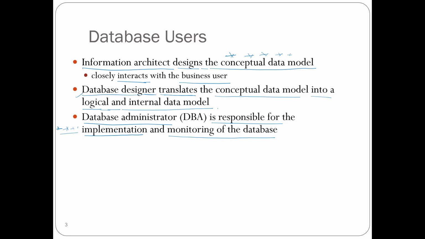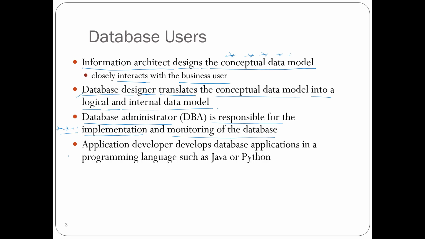I would consider, it's my view, that the DBA is the most responsible user in the database. So what does a database administrator do? The DBA is responsible for implementing and monitoring the database.